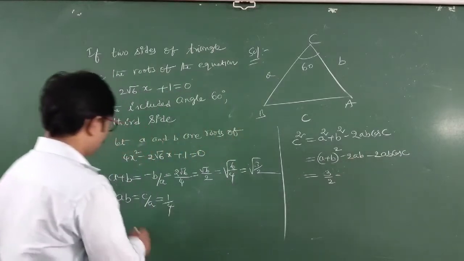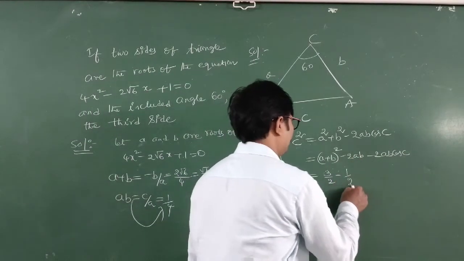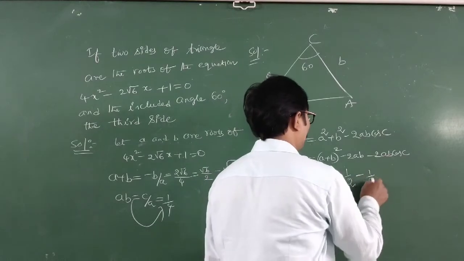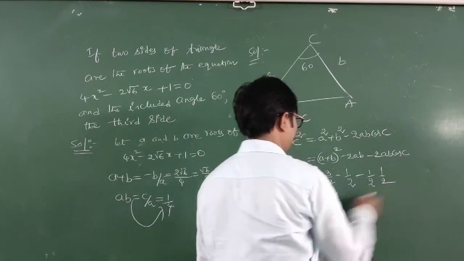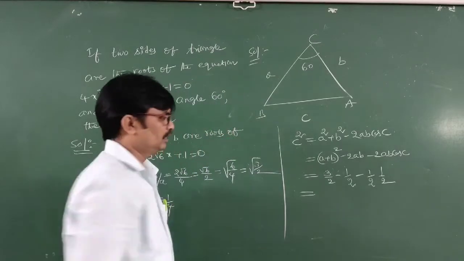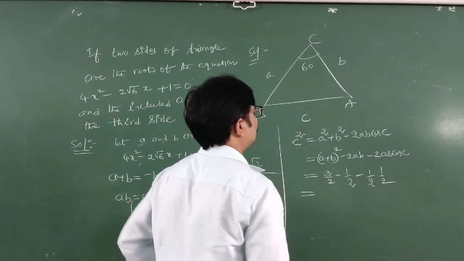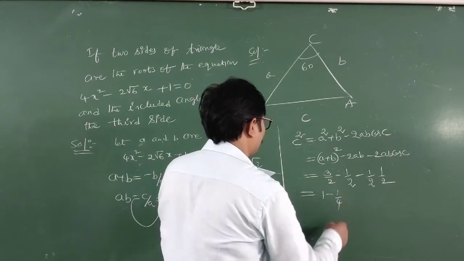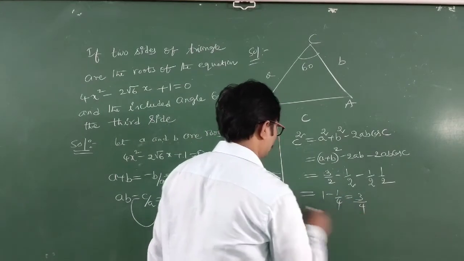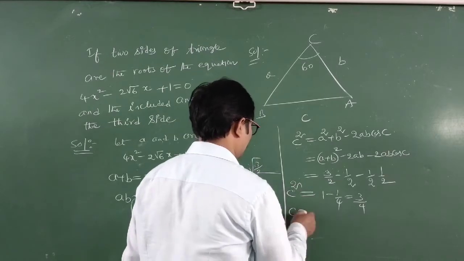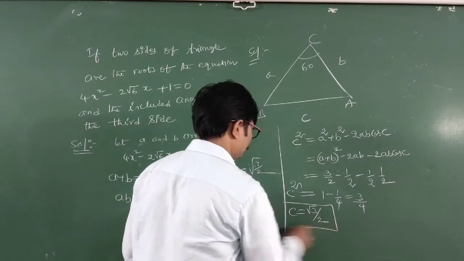Minus 2ab, where ab is 1 by 4, is minus 1 by 2. This is also minus 1 by 2 for cos 60, that is also 1 by 2. Now 3 minus 1 is 2 by 2, which is 1, so 1 by 4. This is 3 by 4, the value of c square. Now c is root of 3 by 2.